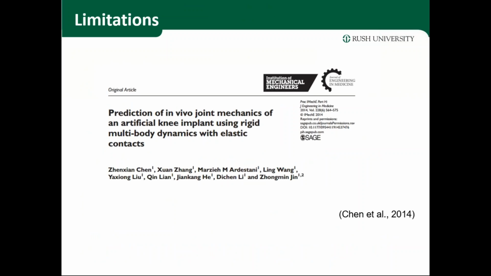Okay, so the model that we have used, and again, this model is available in the AnyBody repository, we have fed with marker trajectories and ground reaction forces collected from total knee replacement patients.